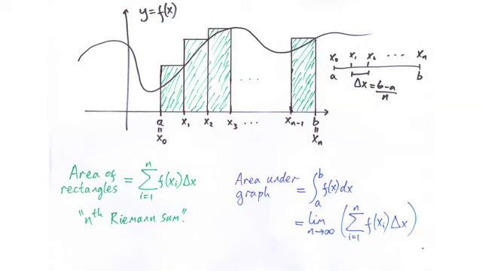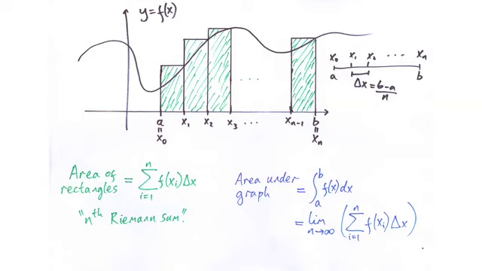This is something that should be familiar to you from your studies of integration. What I do is I take the interval a to b and divide it up into n equal subintervals, each of length delta x. So delta x is therefore (b minus a) divided by n. And then if I want to figure out the area under these rectangles, I have a formula for that that's obviously true, and this is the nth Riemann sum.